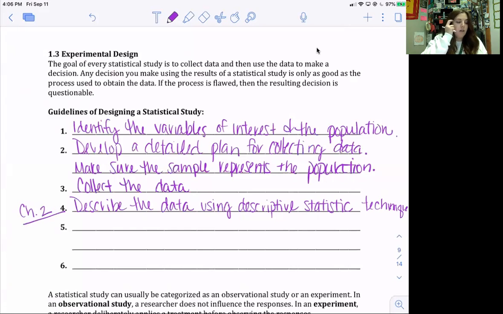Okay. We kind of briefly talked about inferential statistics in 1.1 or 1.2. So that kind of comes back in.